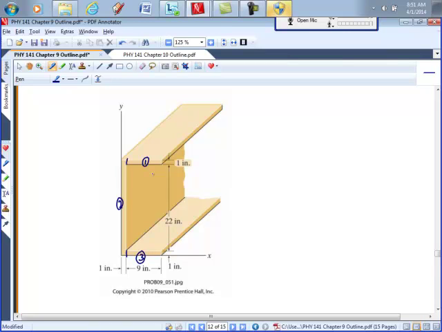Okay, before we go any farther, are there any axes of symmetry that we can use? Is it symmetrical about any vertical axis?